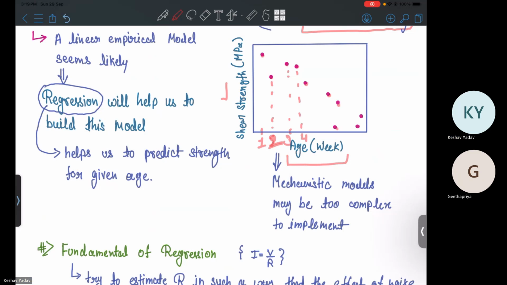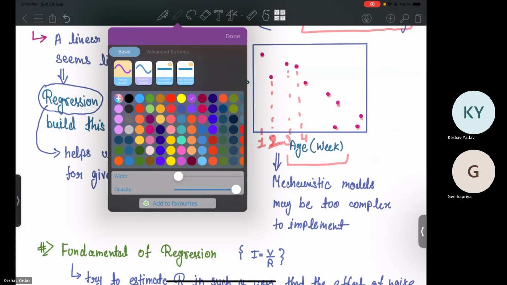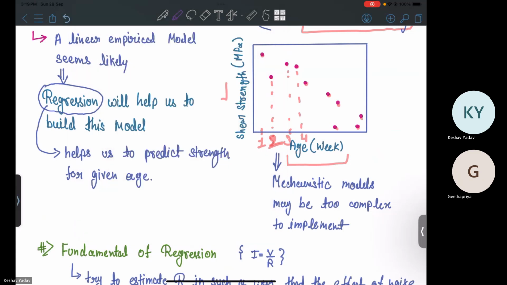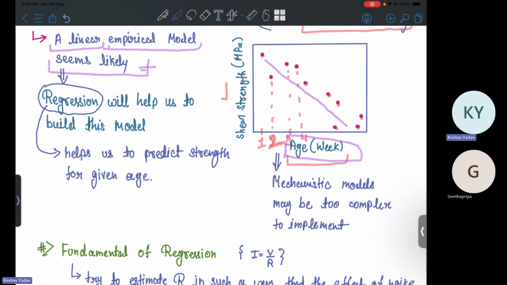By seeing this data, we can directly say that it is linearly dependent on the age in weeks. From this data, we can say that a linear empirical model seems likely to predict the value.